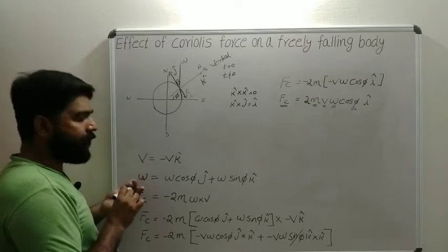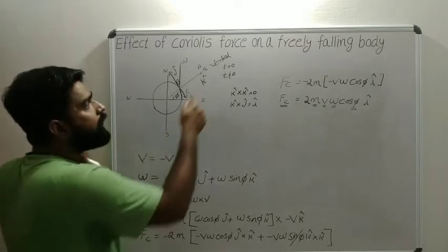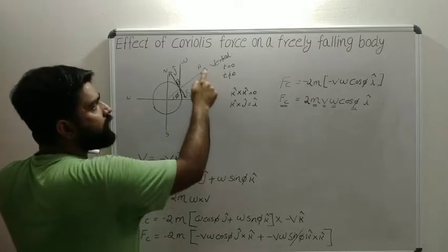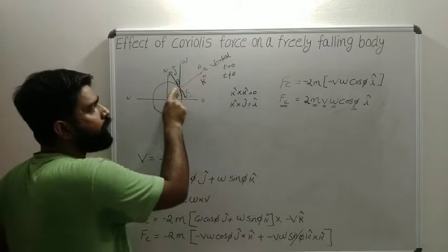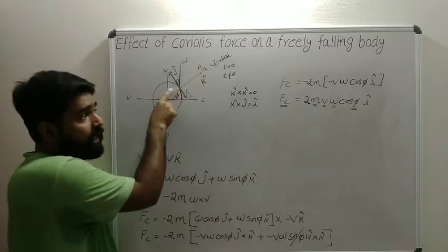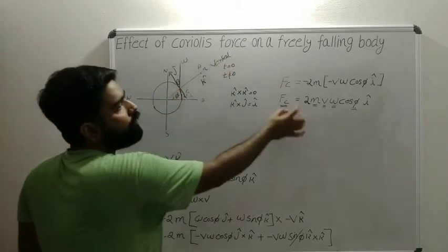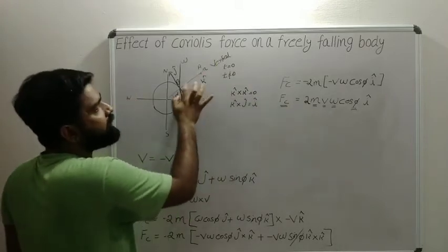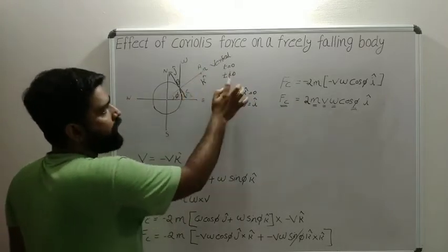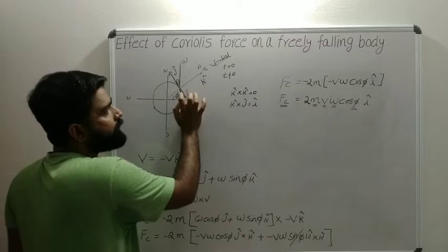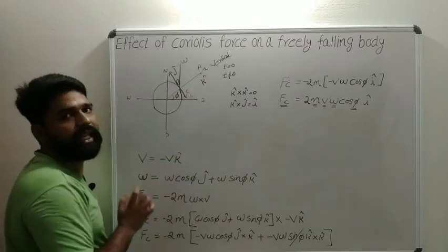So actually we expect after time t the mass will touch at the point B, but in reality due to the Coriolis force there is a path deviation, and after time t the object will touch at the point C.